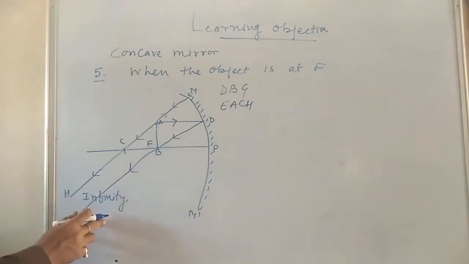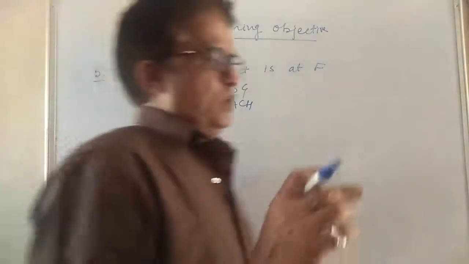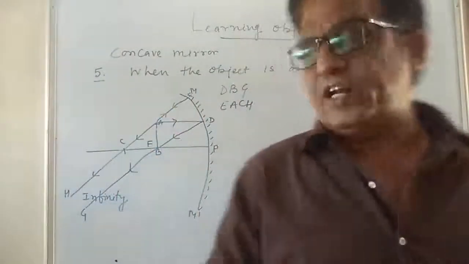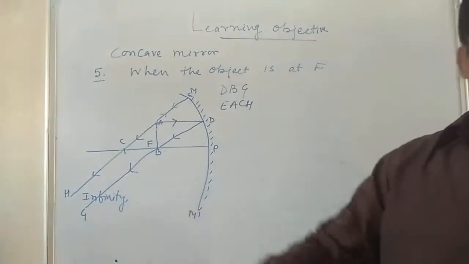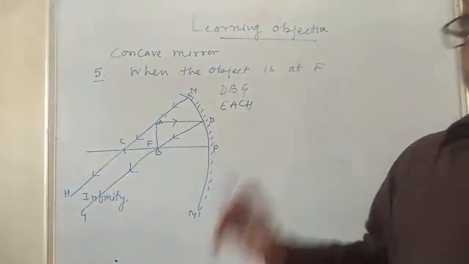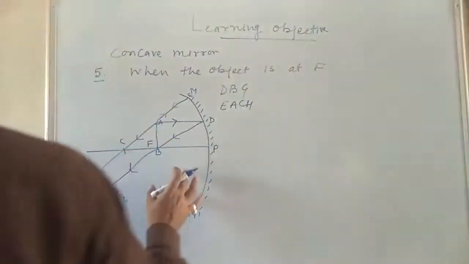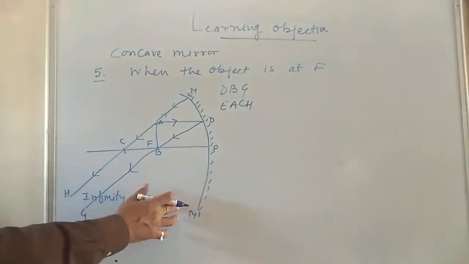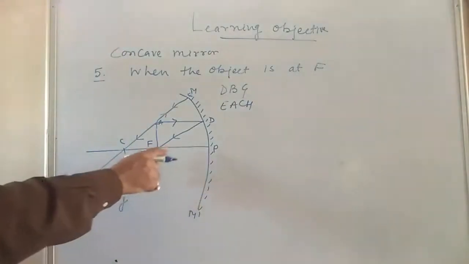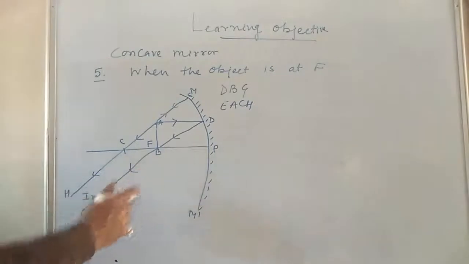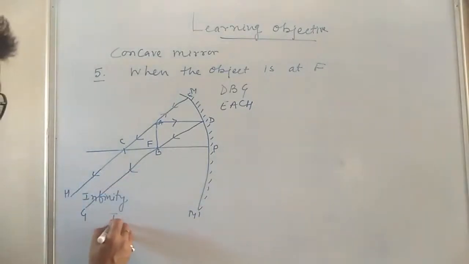The image is at infinity, it cannot be shown in the diagram. When the image is formed at infinity, we cannot show it in the diagram. So what are the special qualities here? I conclude that when the object is at the focus, the image is formed at infinity.